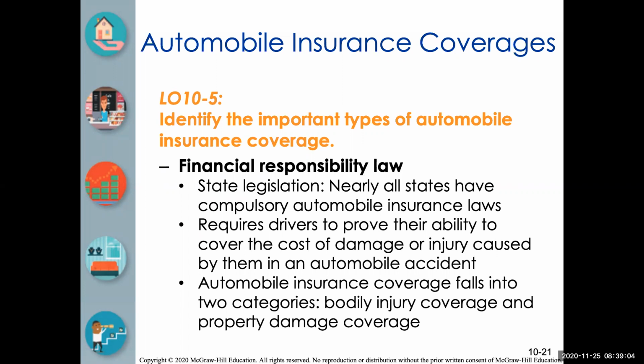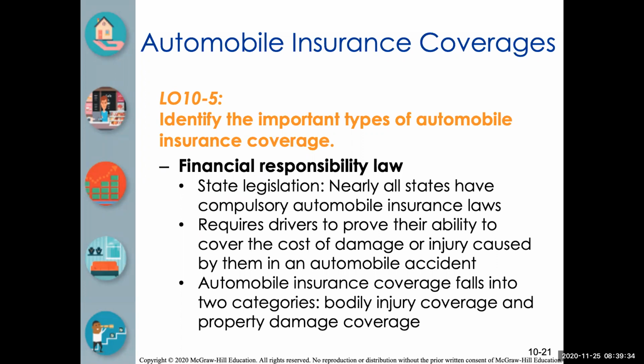Okay, and it requires drivers to prove their ability to cover the cost of damage or injury caused by them in an automobile accident. You have to prove that you have the means to cover the cost of damage or injury. And when we talk about the types of injury that might occur, we're talking about two different categories of coverage.